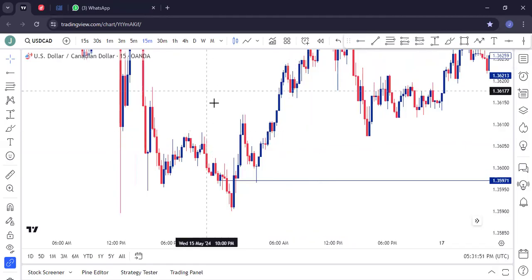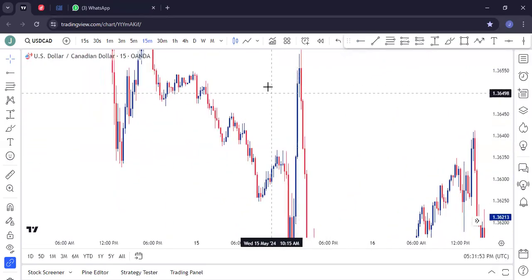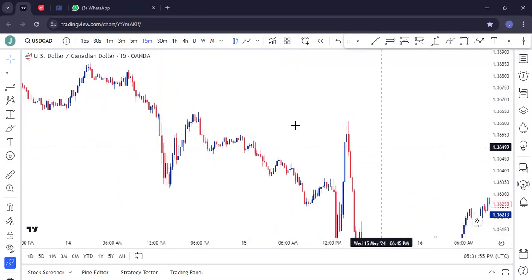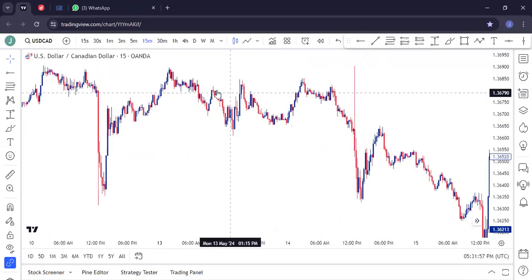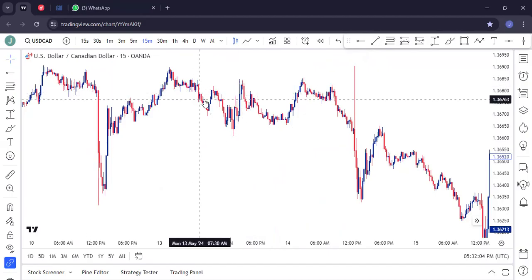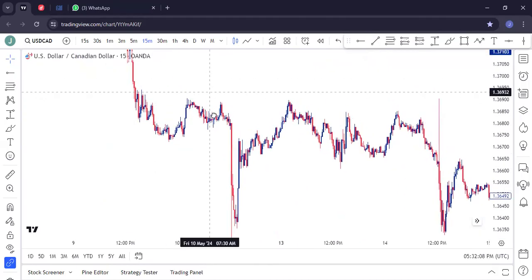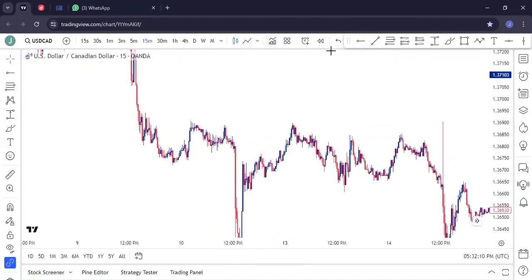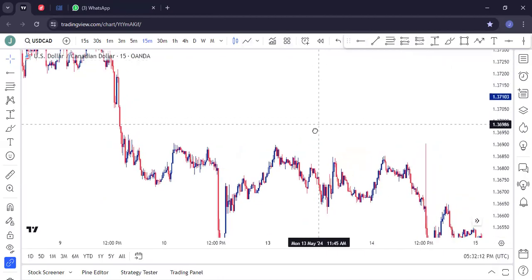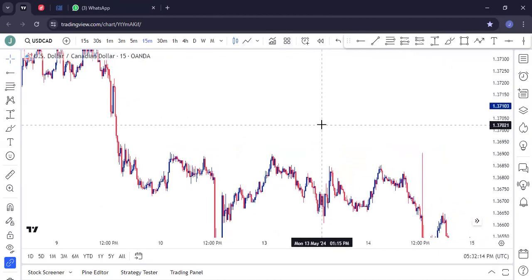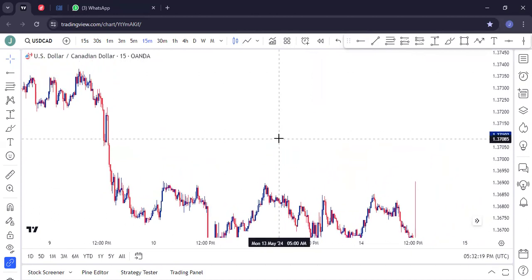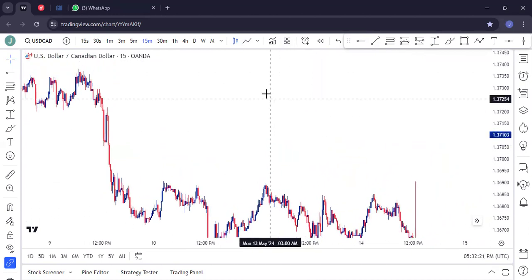Perfect. So this is the entry type that we use sometimes. In the coming lessons, you will see we won't use this type of entry anymore, but we teach people how to take this entry, because liquidity engineering is not an entry type. It is just the action of the market performing the break of structure and the change of character.